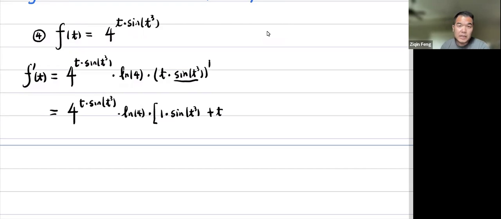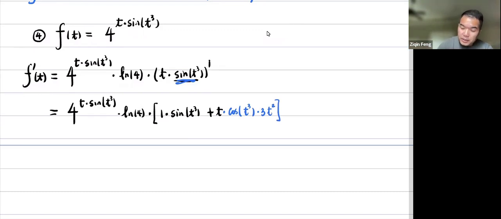For the derivative of that function, clearly you need to use the chain rule. The outer function is sine, so the derivative is cosine of the inner function t cubed, times the derivative of the inner function, t cubed, which is 3t squared. So that is the derivative of this function.